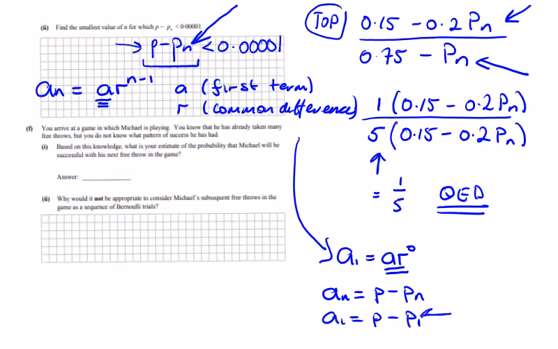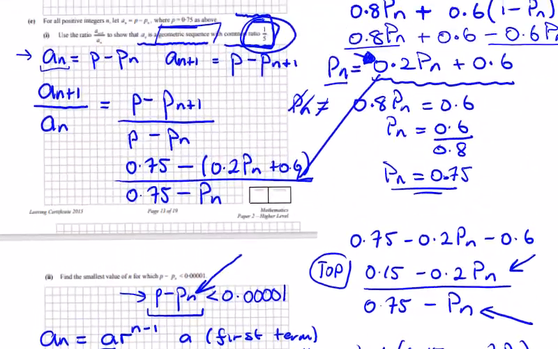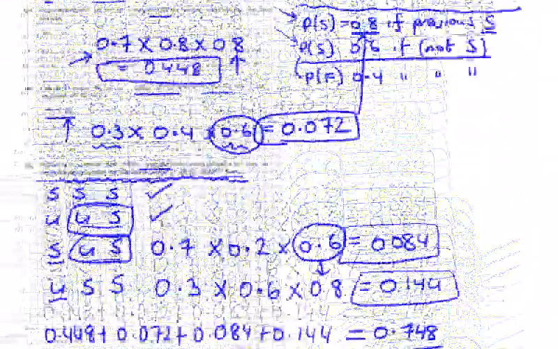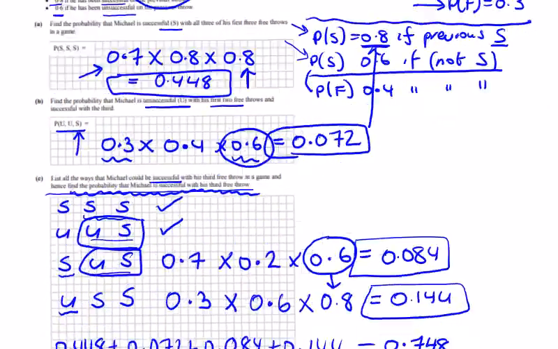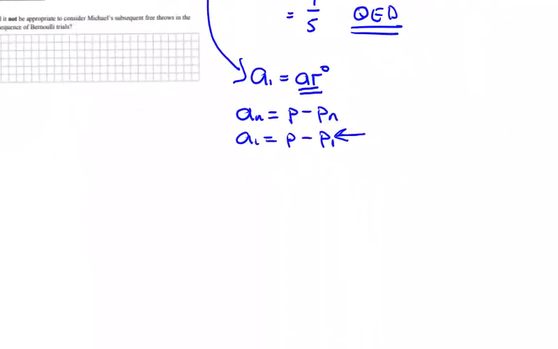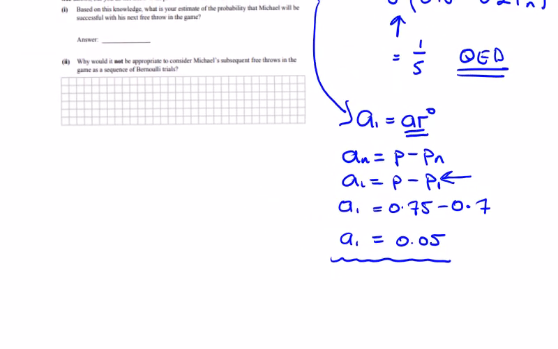So the first term in terms of P is P minus P1. Probability of success on the first free throw, which I think was 0.7. Just double check. Always double check. 0.7. And we also got P to be 0.75. So the A1 here, the first term, is 0.75 minus 0.7, which is 0.05 of this geometric sequence, nothing to do with the basketball throw, of course.